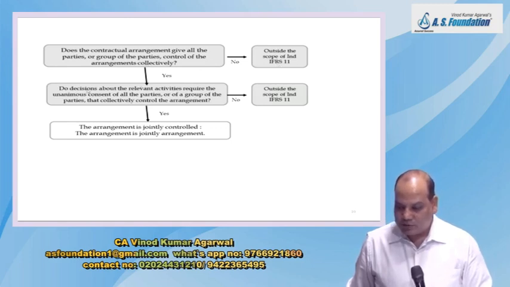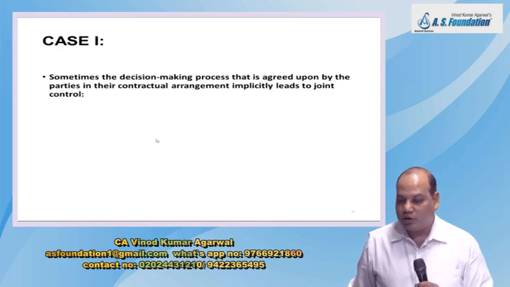If the answer is yes, do decisions about the relevant activities require the unanimous consent of the parties or a group of parties that collectively control the arrangement? If the answer is no, again outside the scope. So there must be joint control, and there must be a unanimous decision. If the answer is yes, the arrangement is jointly controlled and the arrangement is a joint arrangement.